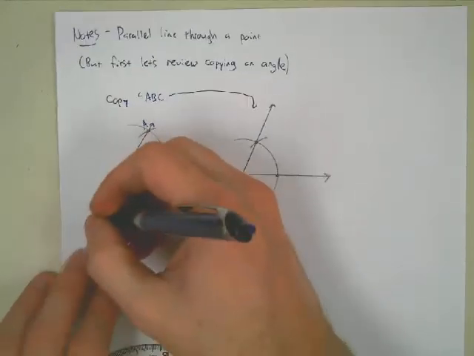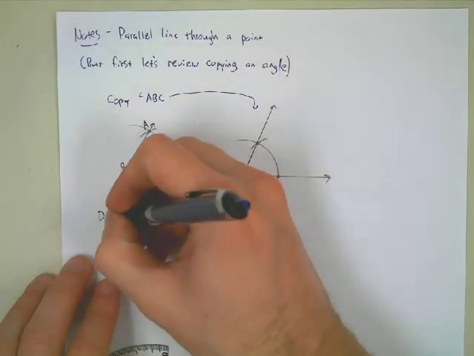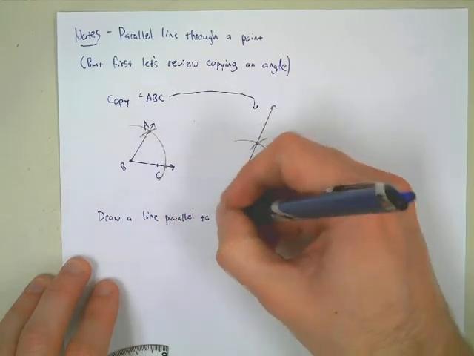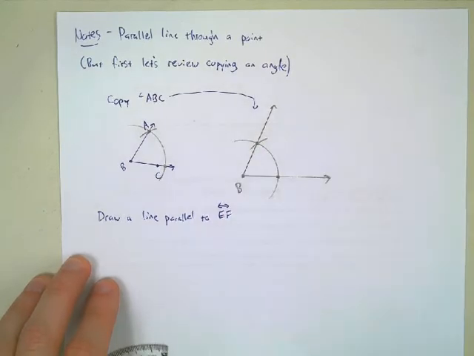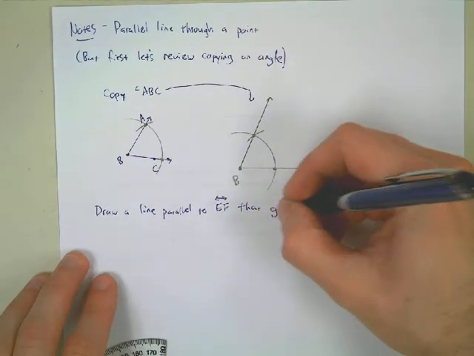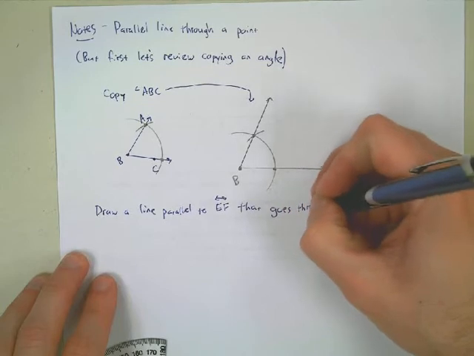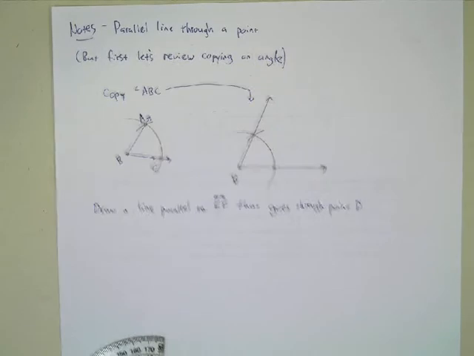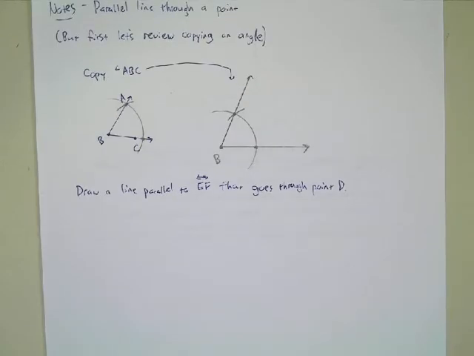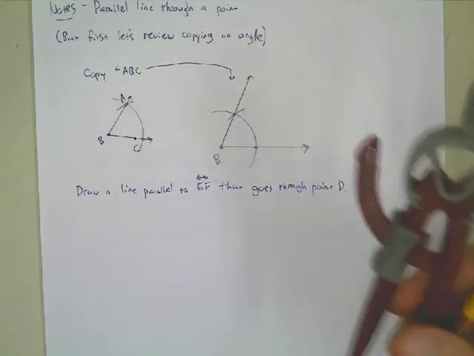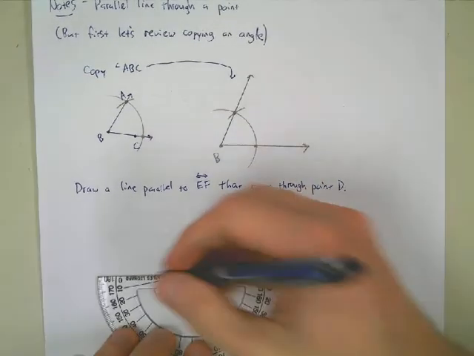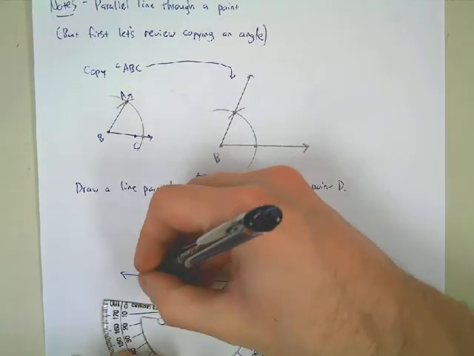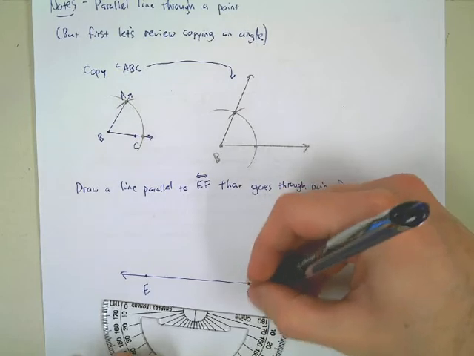Let's say we're going to draw a line parallel to line EF that goes through point D. So I'm going to draw a line EF here for us. And I'm going to put a point D right there.